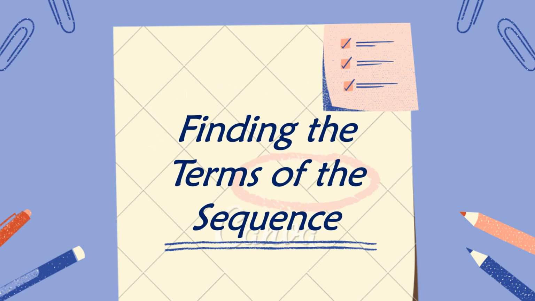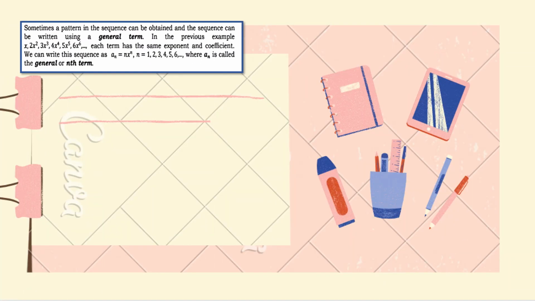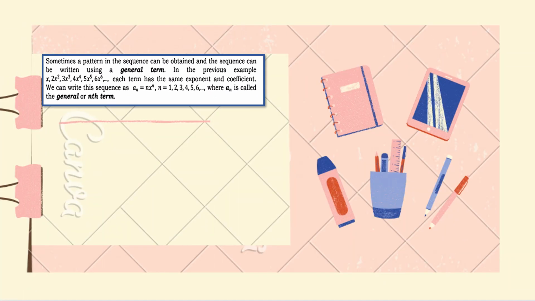Let's proceed to finding the terms of the sequence. Sometimes a pattern in the sequence can be obtained and the sequence can be written using a general term. In the previous example, we have x, 2x raised to 2, 3x raised to 3, 4x raised to 4, 5x raised to 5, 6x raised to 6, and so on.